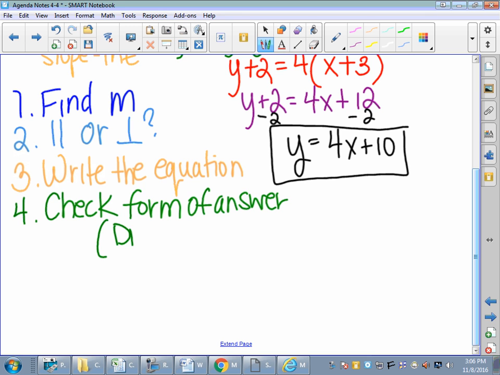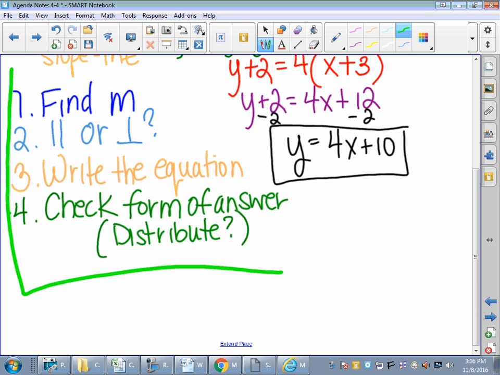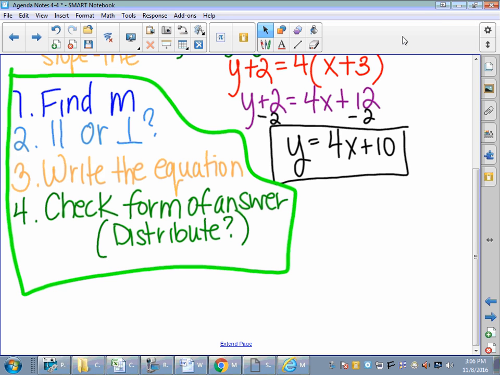Do you need to distribute? Do you need to put it in standard form? Do you need to put it in slope-intercept form? Do you need to leave it in point-slope form, which you would be finished with? So there's our steps. This is actually important. I would highlight that or something. We're going to do a lot of writing equations, and that's really what we're going to do.